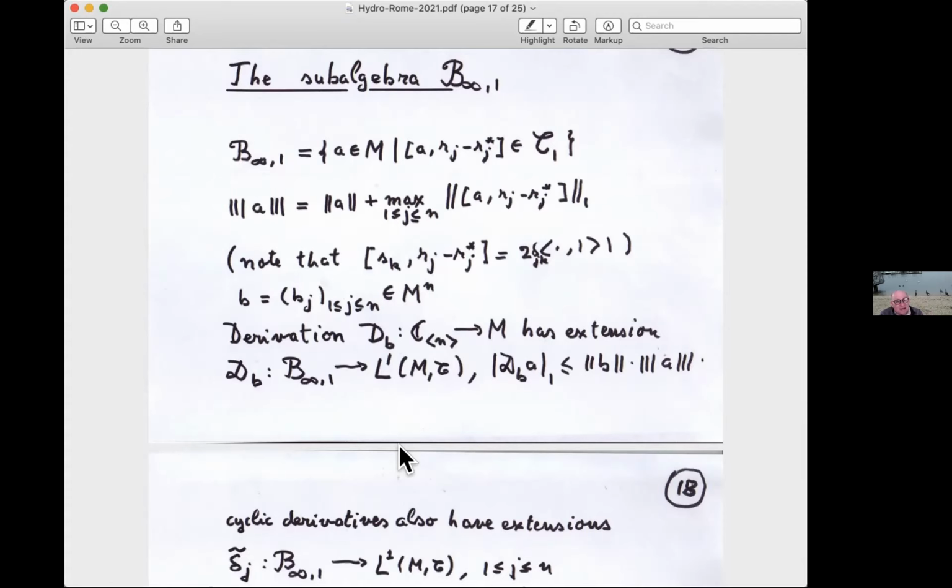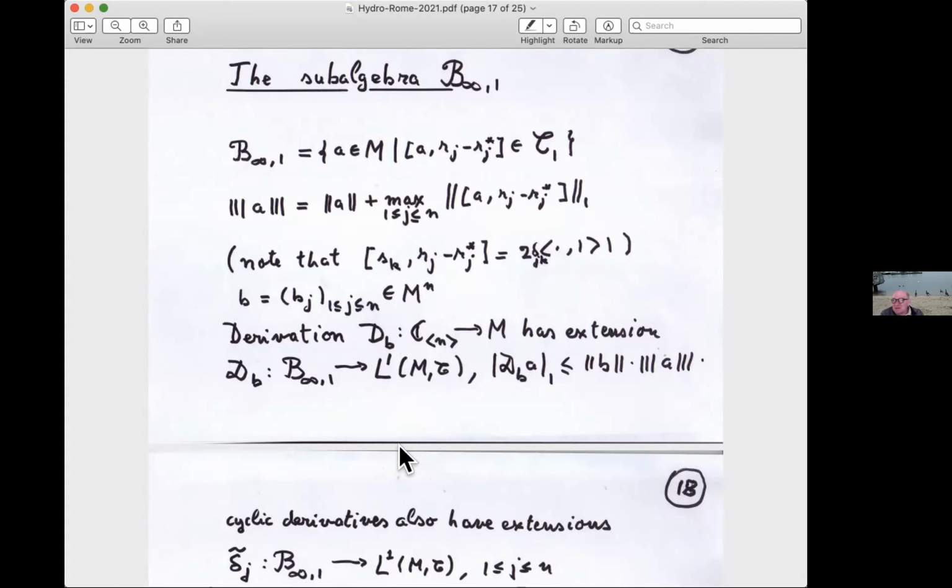These are elements in the von Neumann algebra whose commutators with imaginary parts of the right creation operators should be trace class. These are smoothness spaces defined by the fact that commutators with certain singular integrals are in normed ideals, Schatten-von Neumann classes.